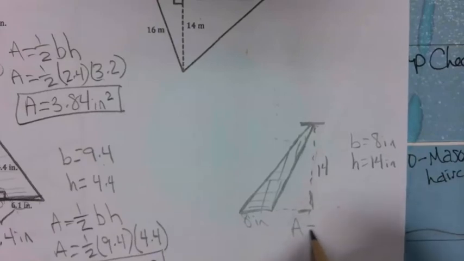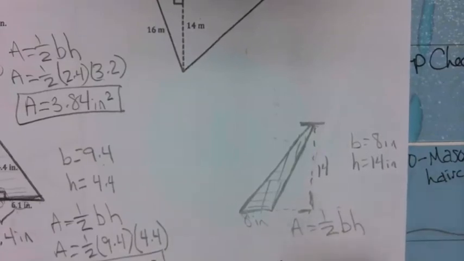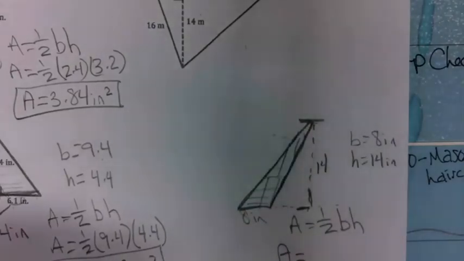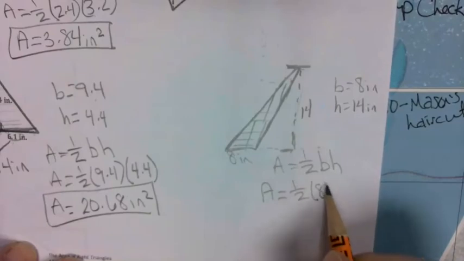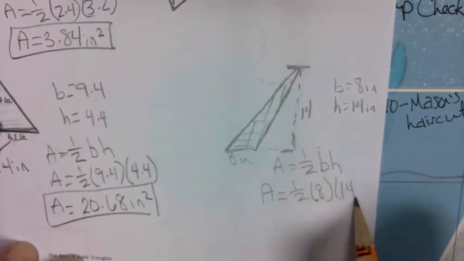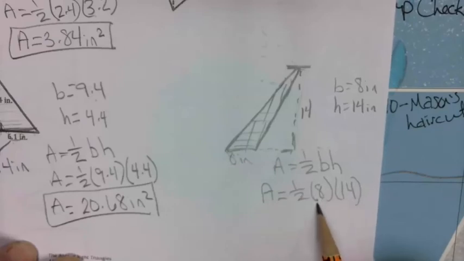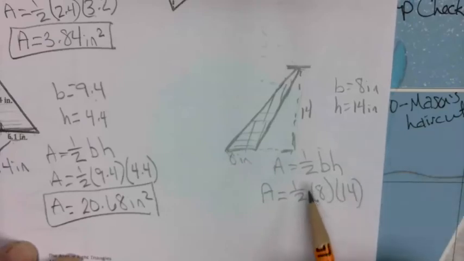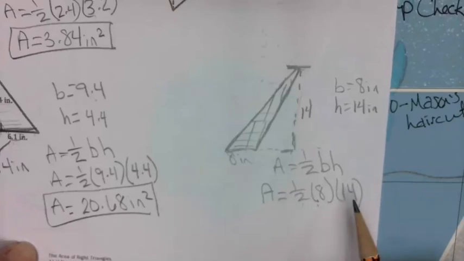And now I do the same thing. Same formula, 1/2 times base times height. And I'm solving for A. 1/2, base is 8, height is 14. Now I could do what's half of 8, 4, and then 4 times 14. Or I could do what's half of 14, that's 7, and 7 times 8 is 56.